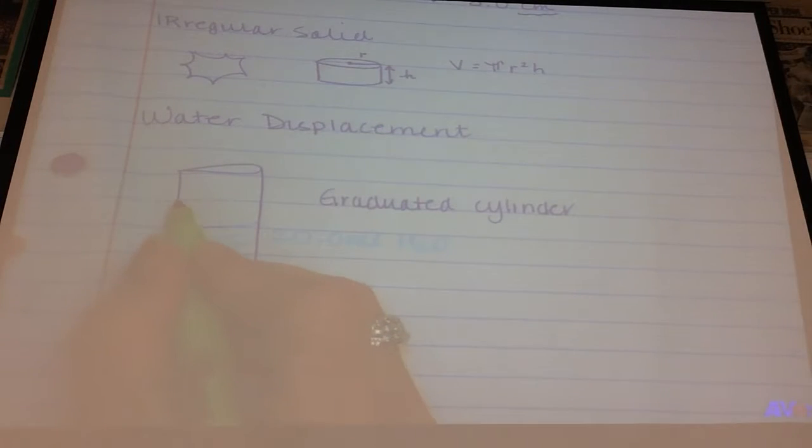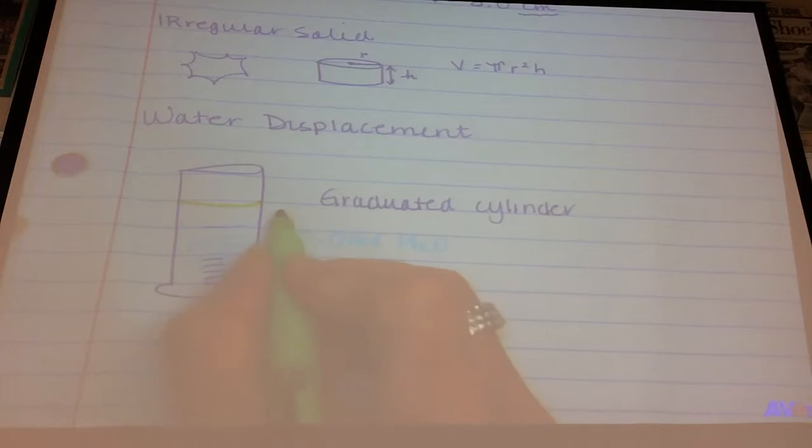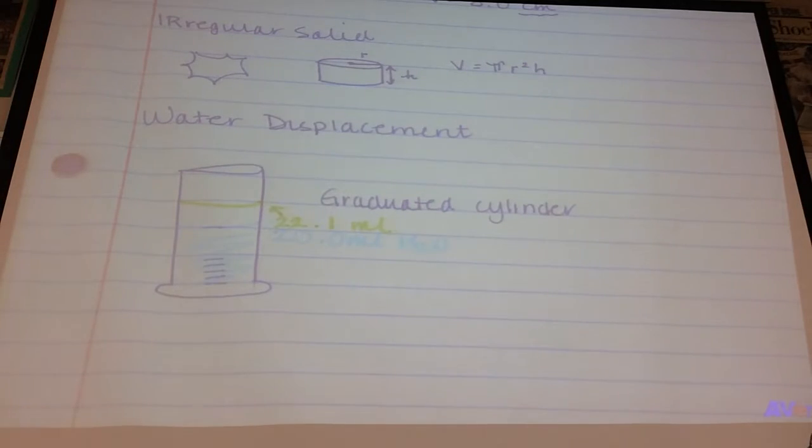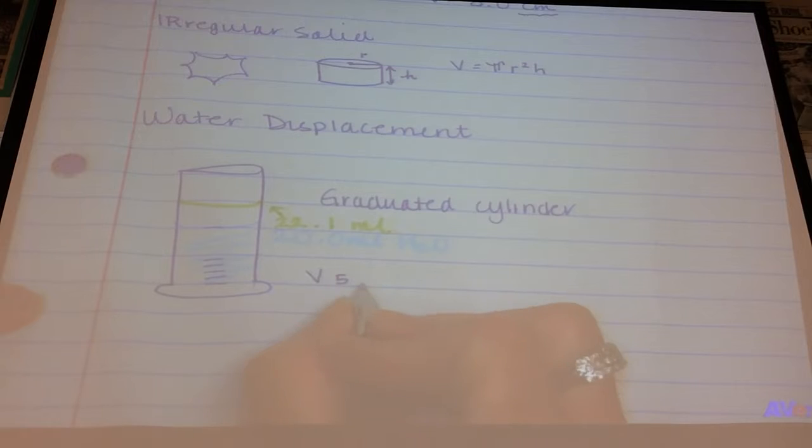Excellent. And let's say that the water level rose to that green line and you got 22.1 mil. How would you determine the volume of the 5 pennies? Excellent.